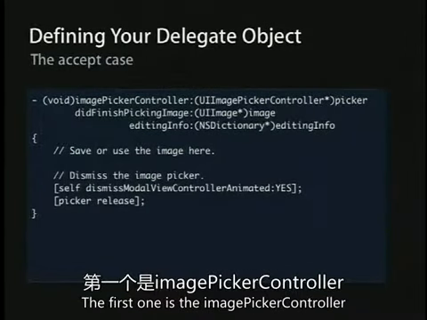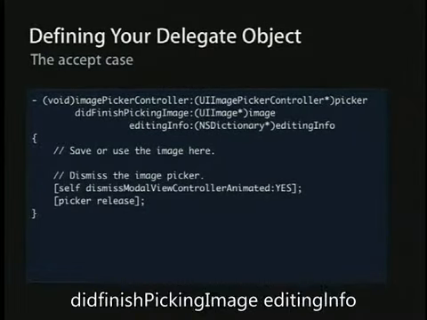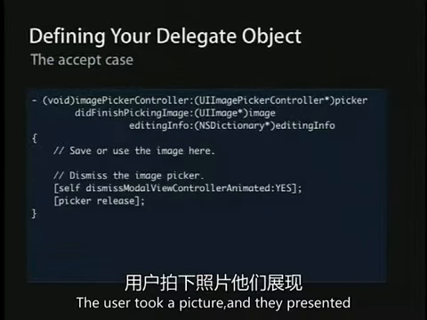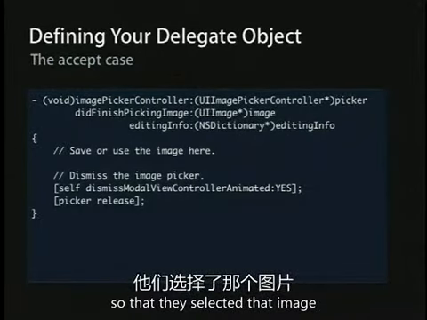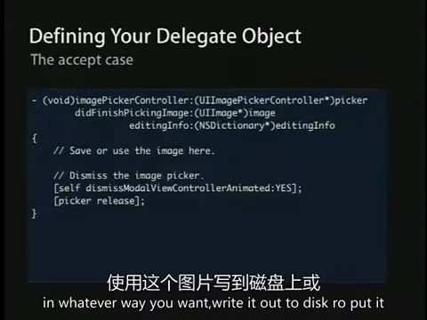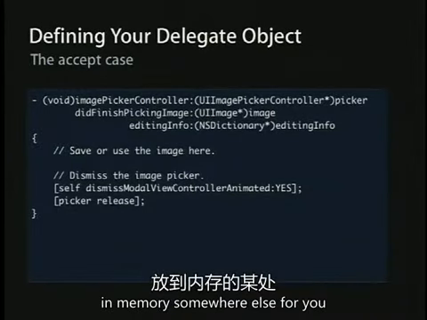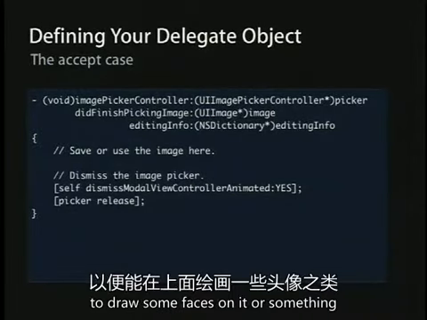The first one is the imagePickerController:didFinishPickingImage:editingInfo:. And this is the case where there was actually success, right? The thing came up, the user took a picture, and they clicked all the UI to make it so that they selected that image. So the first thing you'll do is save or use the image in whatever way you want. Write it out to disk or put it in memory somewhere else for you to draw some faces on it or something.